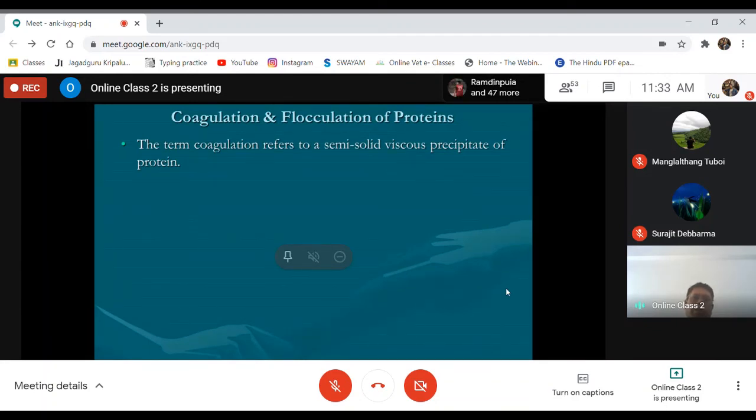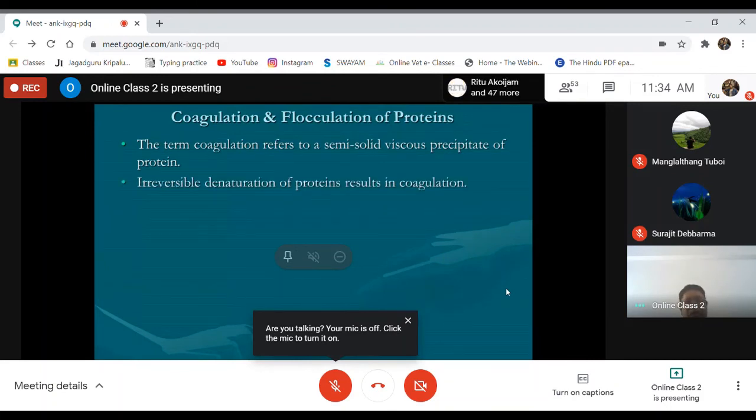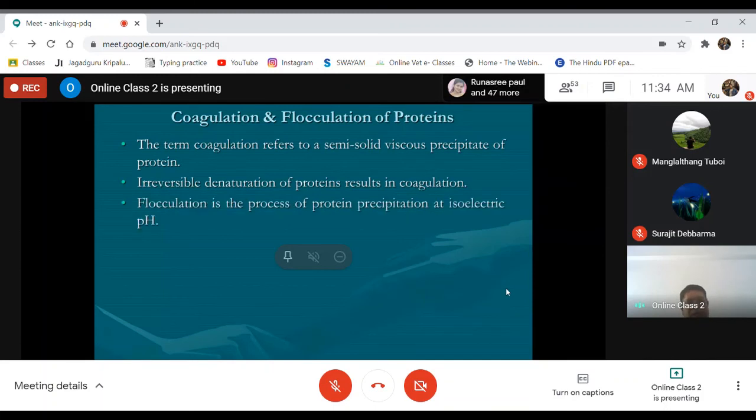When the protein is denatured to form a semi-solid viscous precipitate, we call it coagulation. So irreversible denaturation of proteins results in coagulation. I have just given you the example of boiling an egg. The liquid egg, when you boil it, is converted to a solid. So this is coagulation.